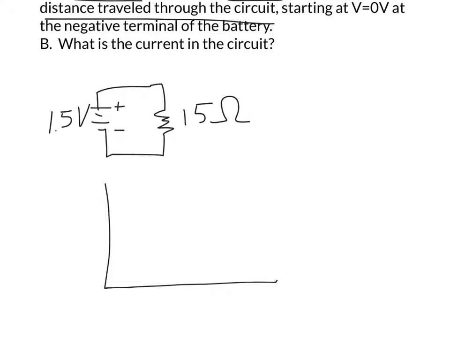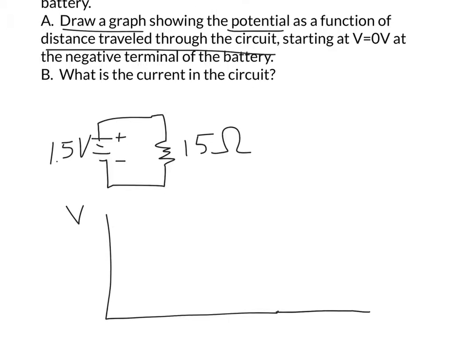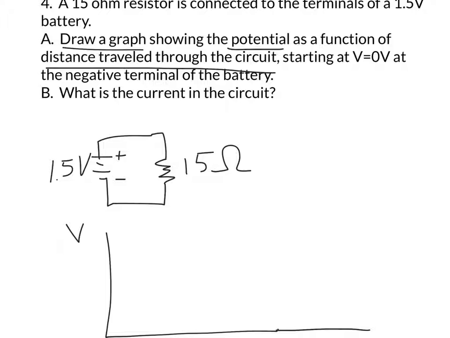My vertical axis will be potential difference in volts, and my horizontal axis will be distance traveled, which is odd because we don't think of having a distance traveled equation. So what I'm going to do instead, if we look at this, it says starting at 0 volts at the negative terminal. So we're pretending that when we start here, we're at a potential difference of 0, or at an absolute potential of 0.